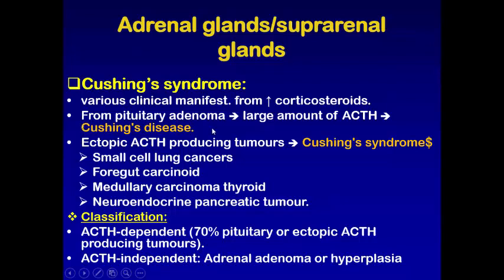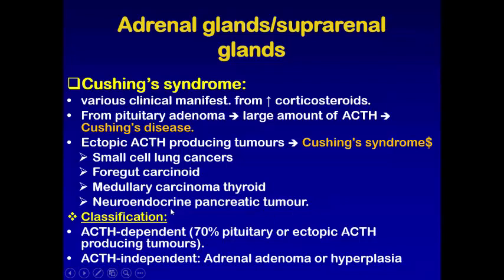Also, there may be an ectopic ACTH producing tumor resulting in Cushing syndrome. The commonest ectopic ACTH producing tumors are small cell lung cancer, foregut carcinoid, medullary carcinoma of the thyroid, and neuroendocrine pancreatic tumor.